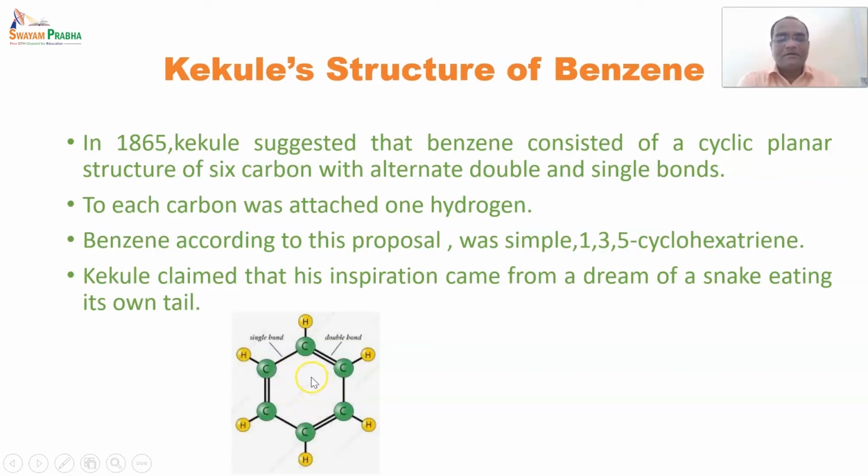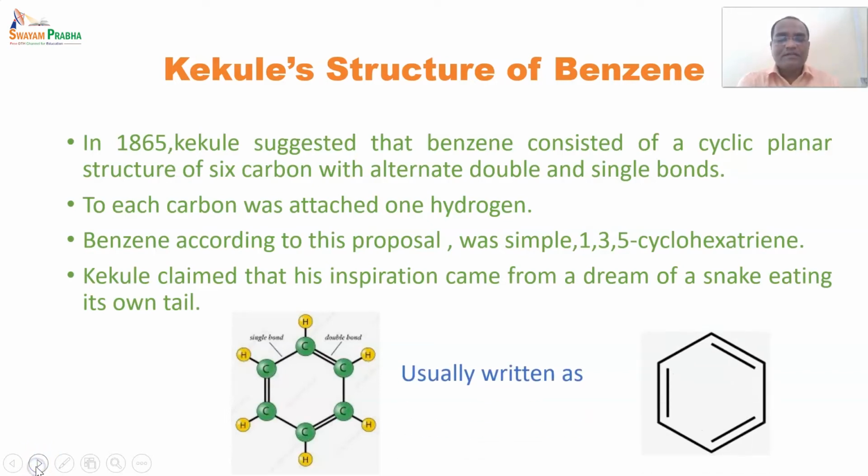And this revolving snake was indicating that the pi electrons are being delocalized in this cyclic structure. So it was an interesting story of Kekule, and it is also usually written as this benzene structure that we write nowadays.